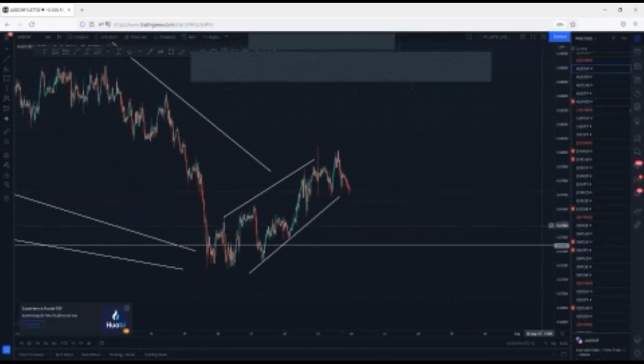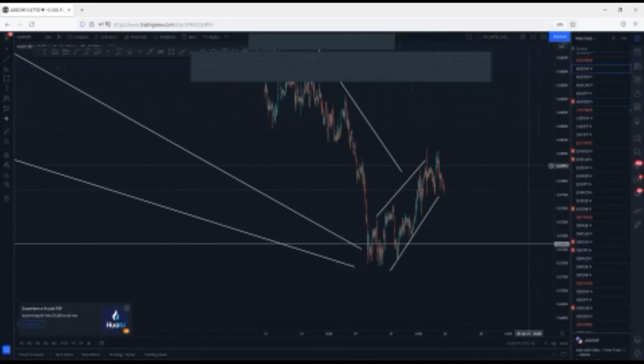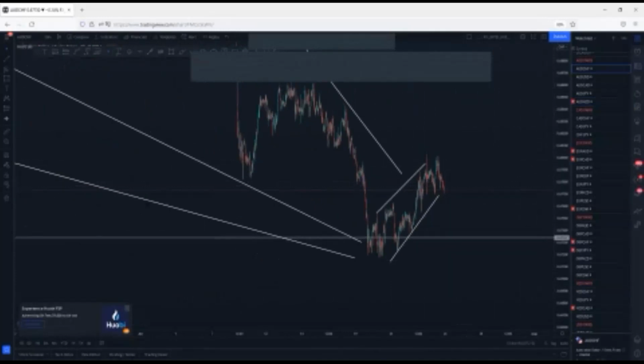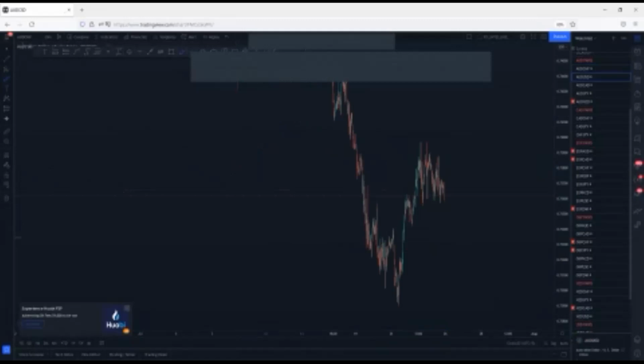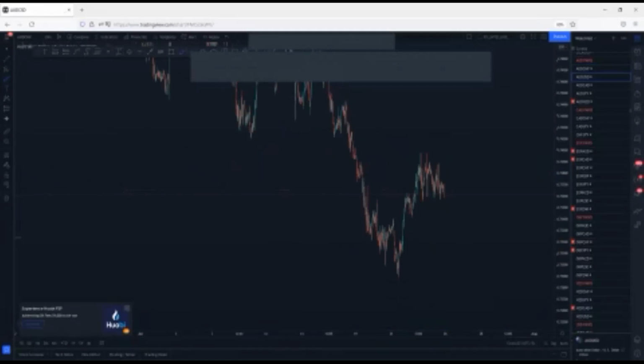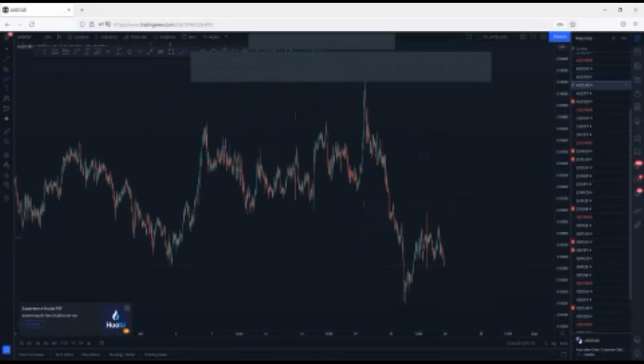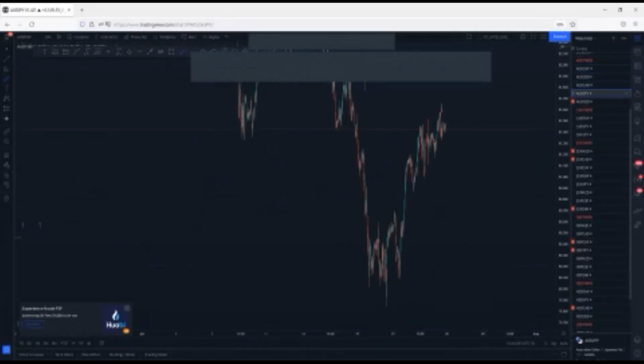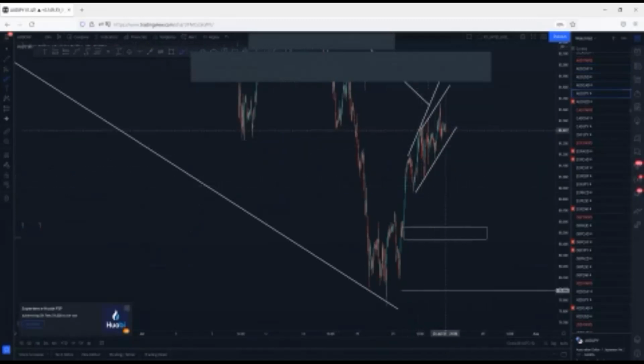It was going up, and then it's losing momentum, so it might go down. Let me check another one. AUD JPY, it's also losing momentum.